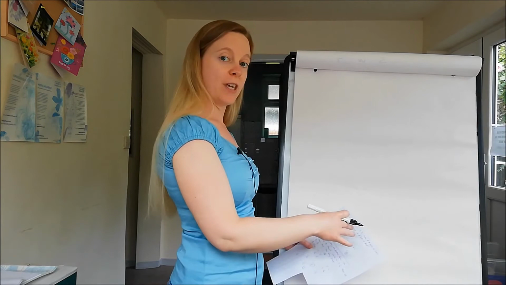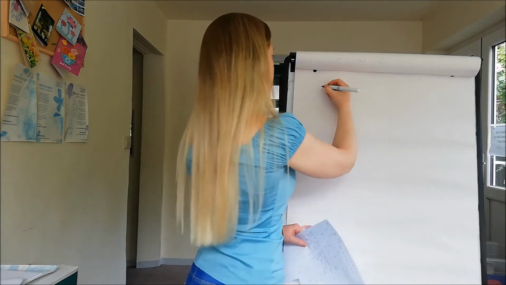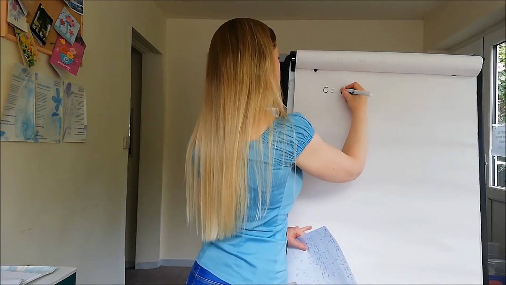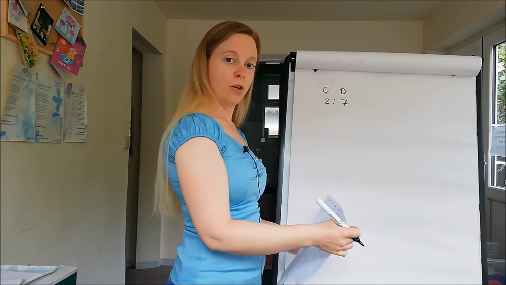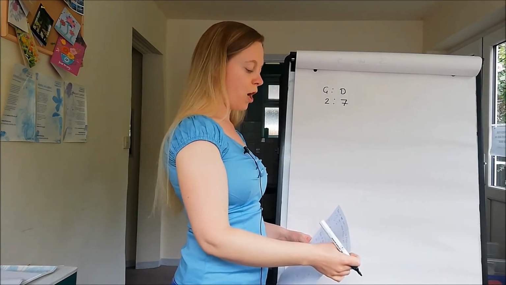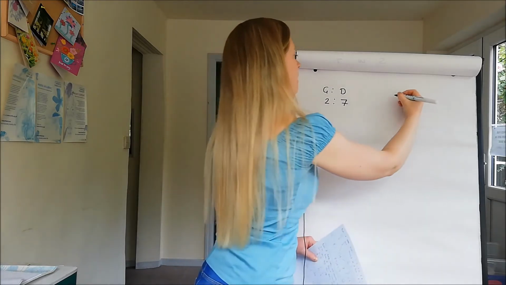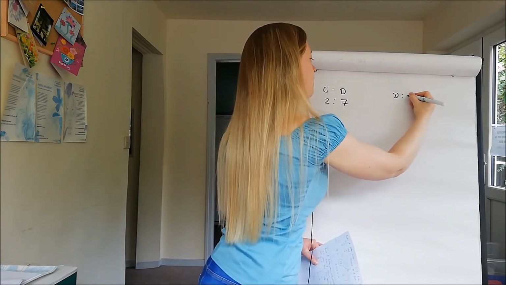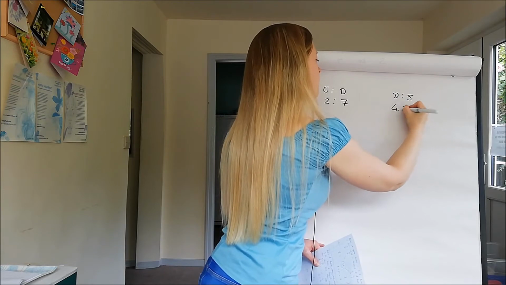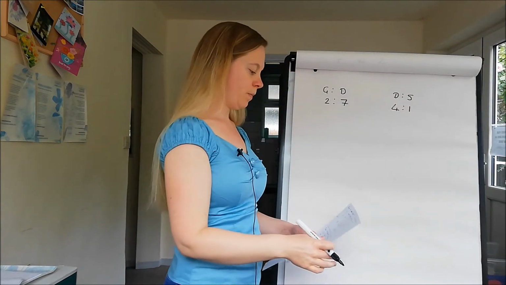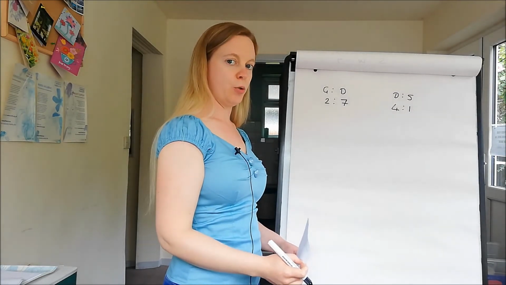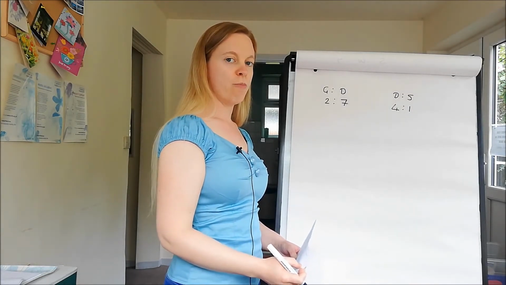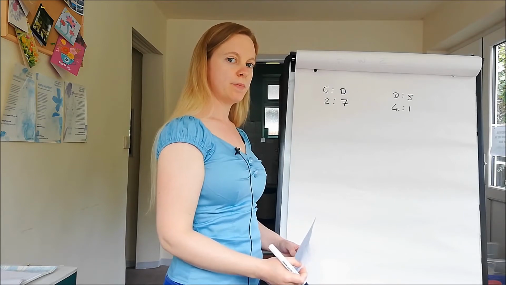So the ratio of geese to ducks is 2 to 7. The ratio of ducks to swans is 4 to 1. What is the smallest possible number of birds on the pond?